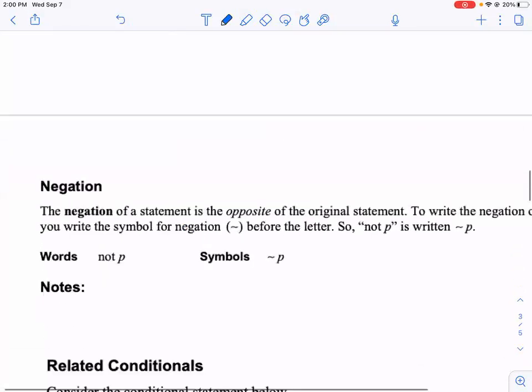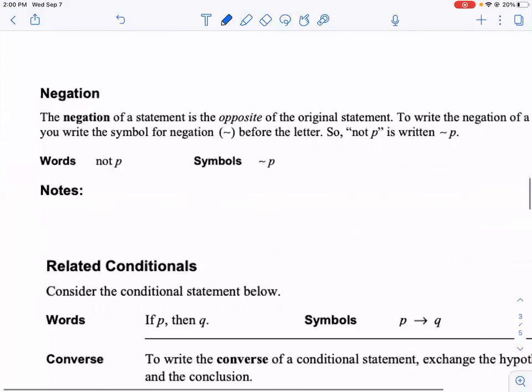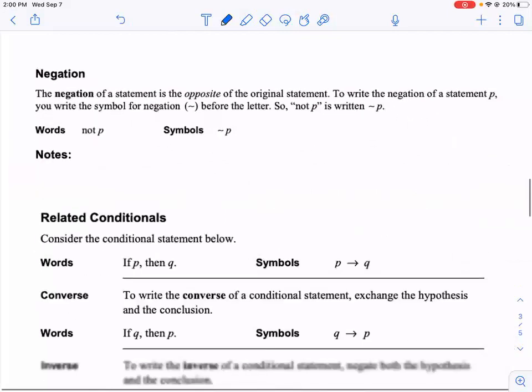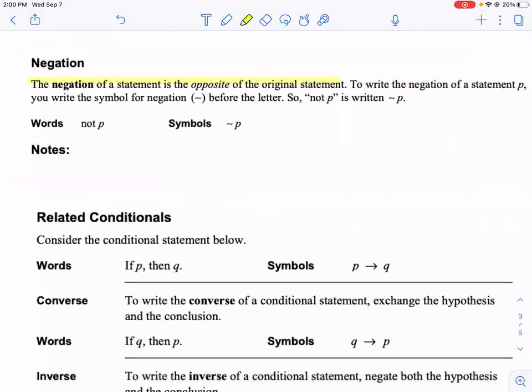Now let's talk about negation. The negation of a statement is the opposite of the original statement. So basically, if we have P, the negation is not P. We're gonna add a not in front of it. Symbolically, we have this little squiggle.